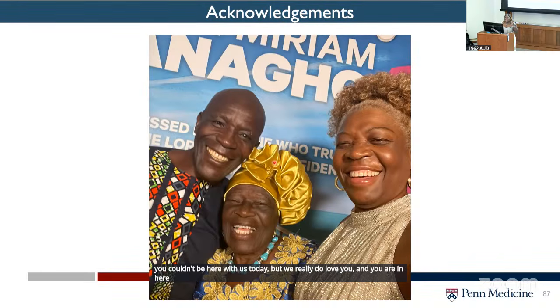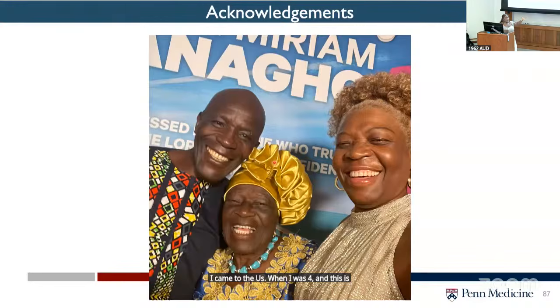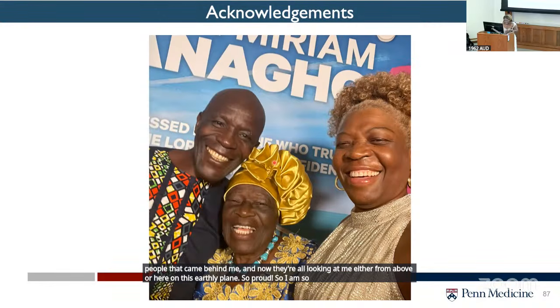My grandma is the reason that all of us are here in the US today, and I came to the US when I was 4, and this is a product of the work of all the people that came behind me. And now they're all looking at me, either from above or here on this earthly plane. So proud. So I am so happy. Thank you so much.